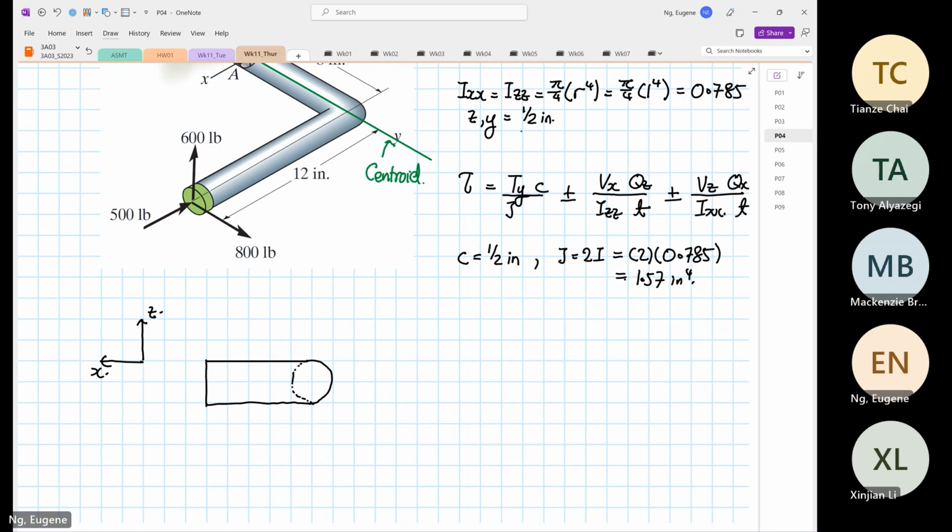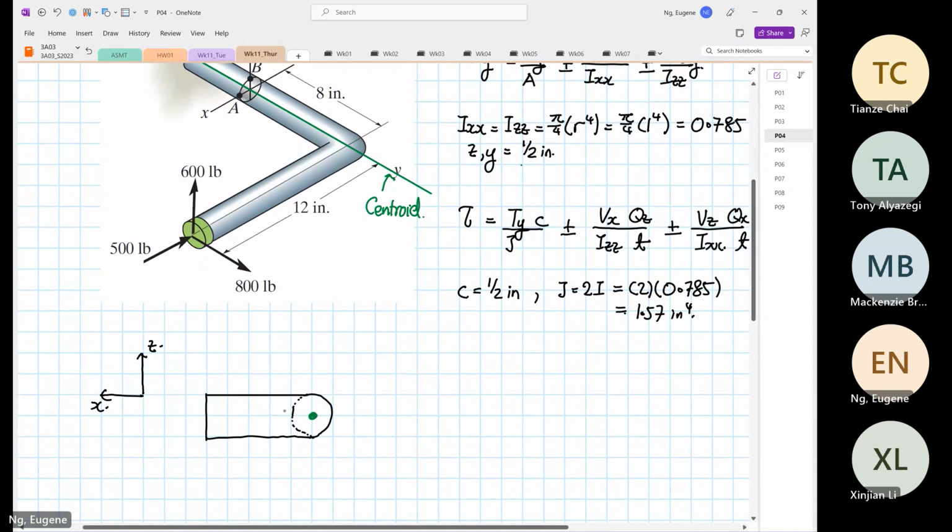Then we are going to draw our centroid, relative to element B and element A. So this is our element B, and this is our element A. Then we put our forces.